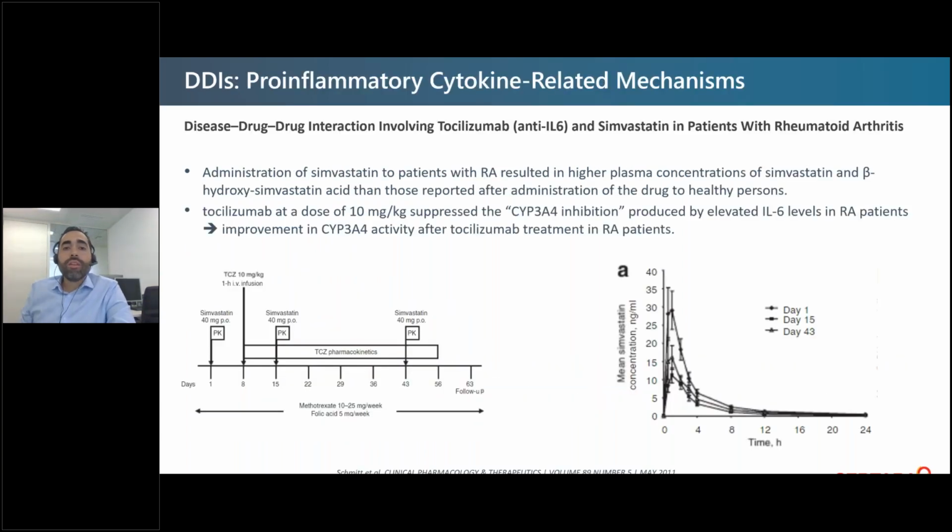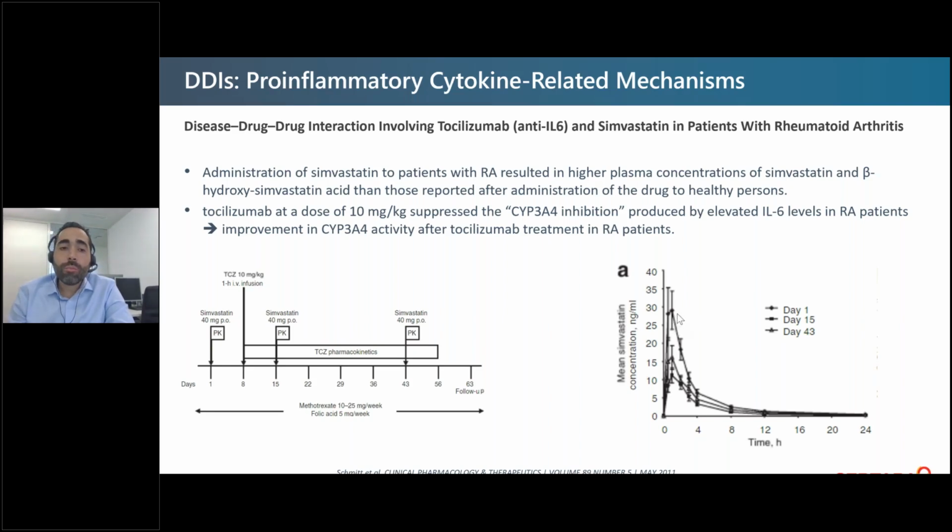So here you have an example of this interaction, which was investigated for tocilizumab, an anti-IL-6 drug, in a rheumatoid arthritis population. In this population, they have a high level of IL-6. When they are using simvastatin, we can see in this graphic at day 1 that they have a high level of simvastatin exposure.